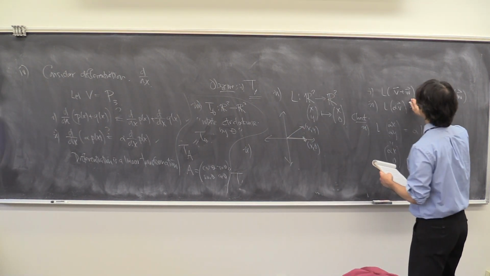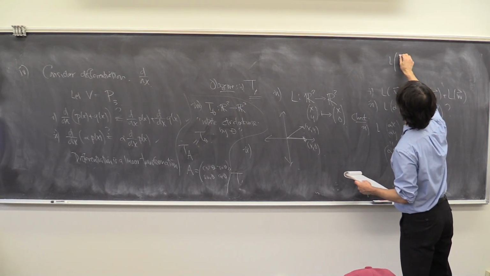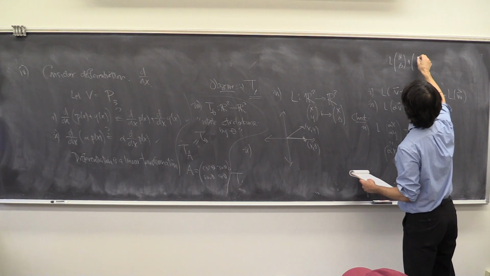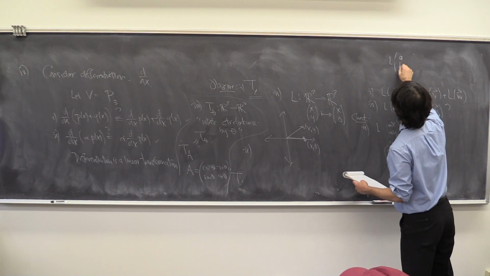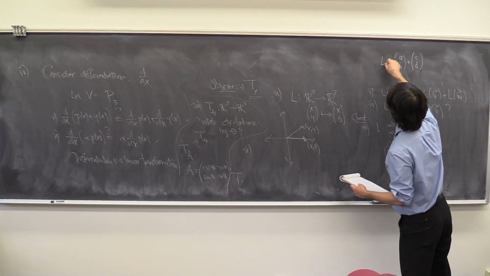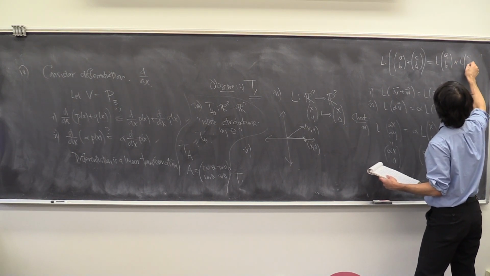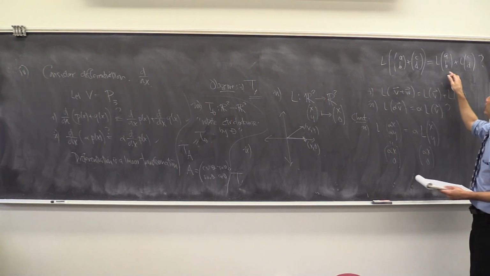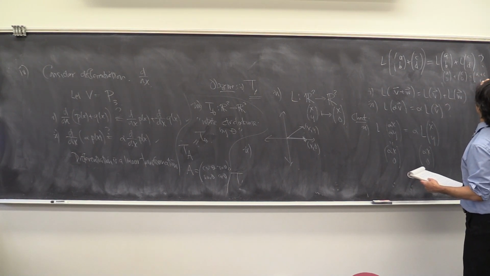For the first condition, let's just use letters A, B, C, D. If I take L of a sum, is that the same thing as the sum of L applied to each of those vectors? Yes, because here you get A comma 0, here you get C comma 0, and so you get A plus C comma 0.